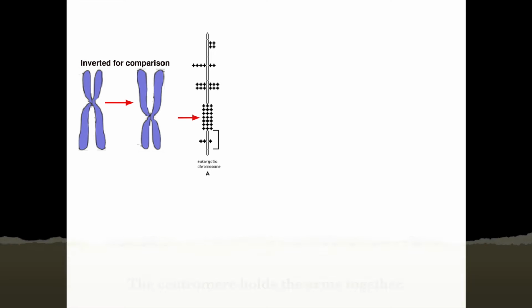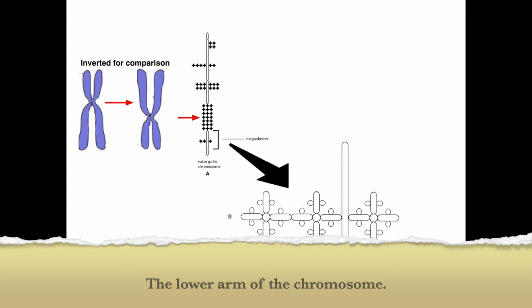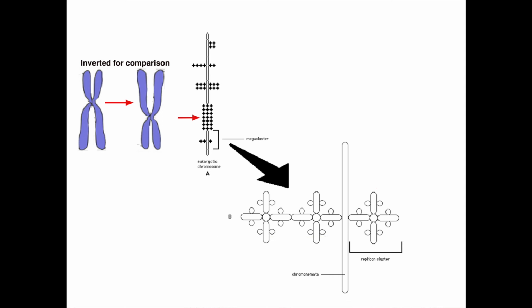And you see that I take a portion of that chromosome, that big black arrow, and it magnifies it, and it removes all the proteins that are causing those little black clovers, and just shows the DNA itself.